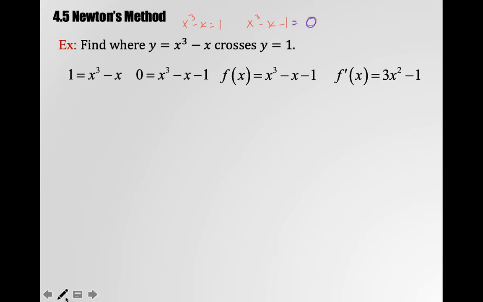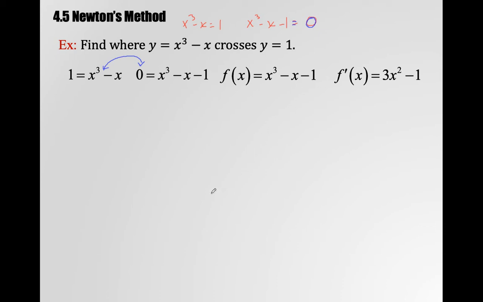And then I found the derivative. So this step here was only necessary because they didn't give me just f of x, right? But I turned it into that by making this equal to 0. Then I found the derivative.